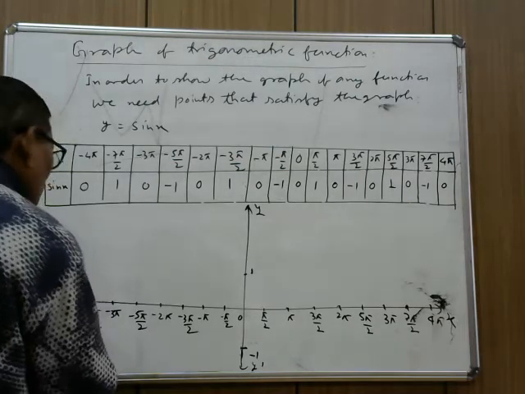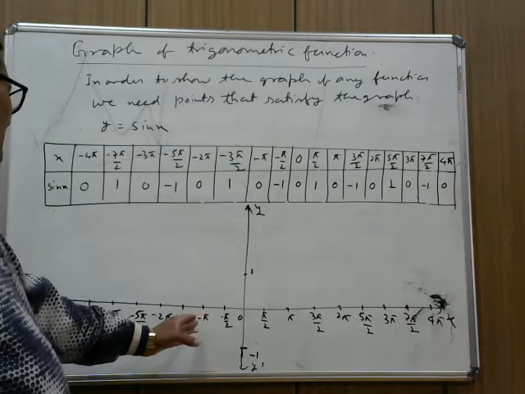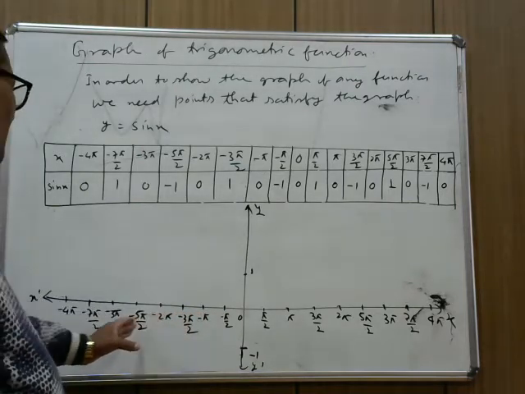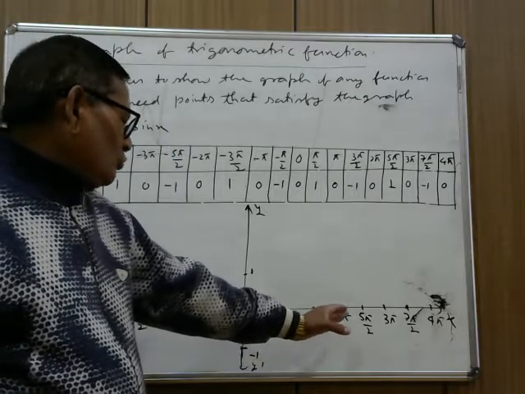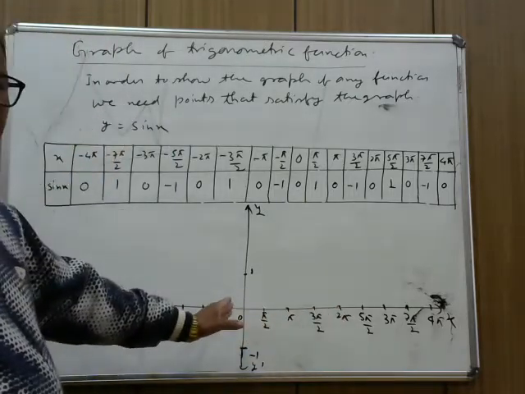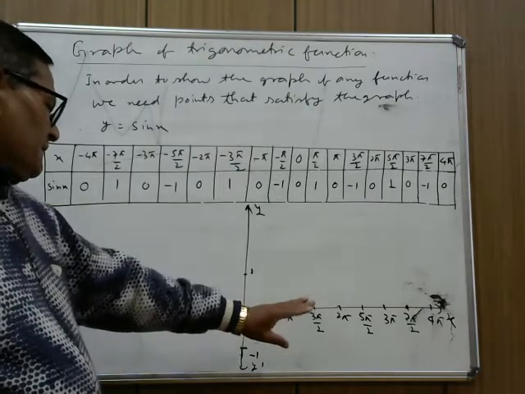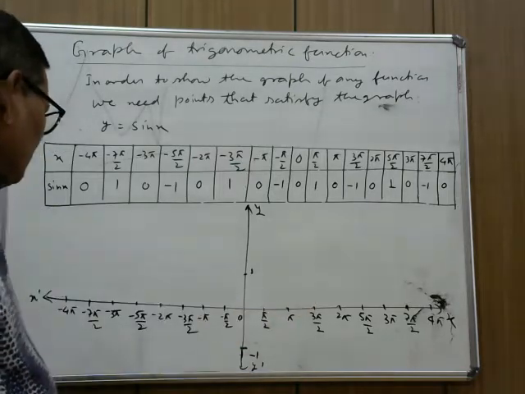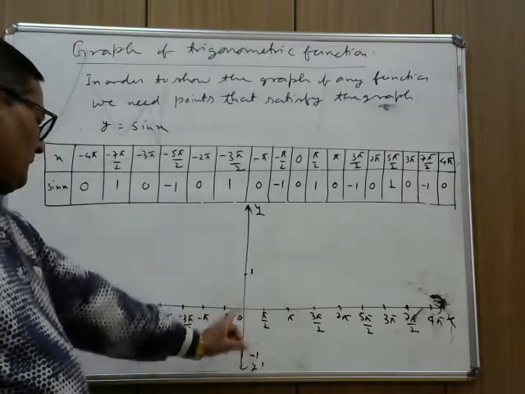So now you see minus pi by 2, minus pi, minus 3 pi by 2, minus 2 pi, etc. are the image points of pi by 2, pi, 3 pi by 2, 2 pi under the origin. So they are at equal distance from right and left, and the value lies between minus 1 and plus 1.